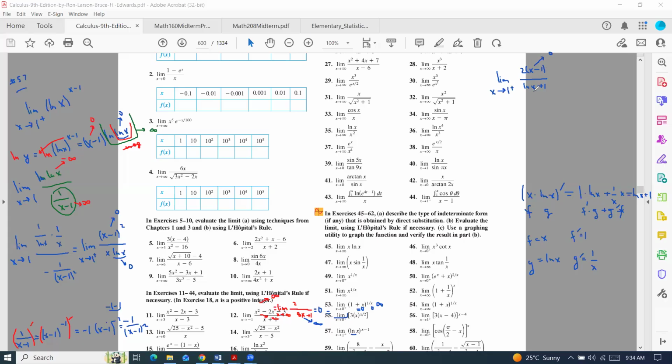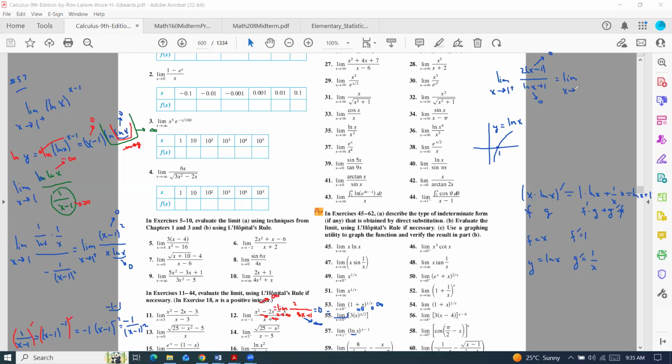And the ln of 1 approaches what? Also 0, right? See, the graph of the logarithm: at 1, we're approaching 0 when we get closer, right? So we're still able to differentiate, because if it's not 0 over 0, it'd be wrong to do the derivative, but now we'll be done.